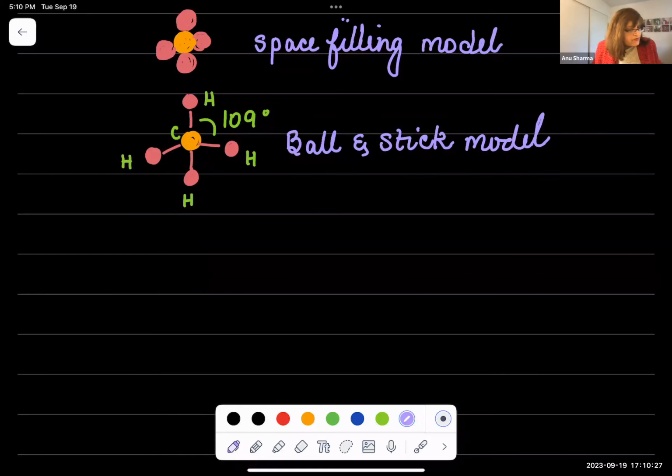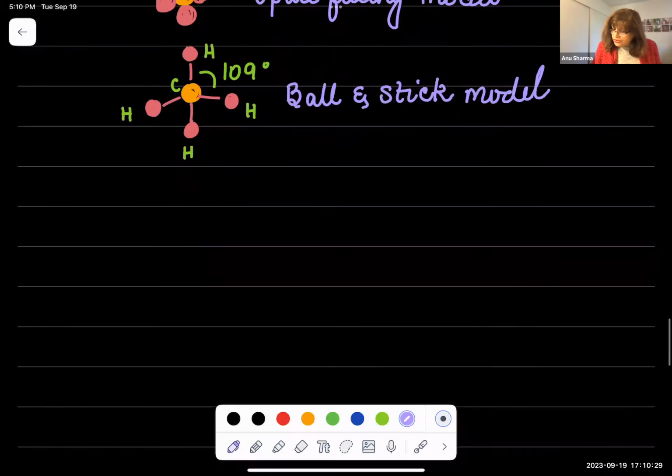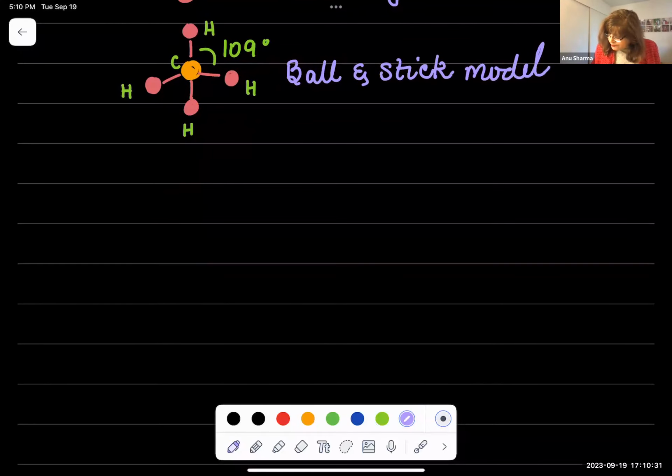Next, another way we can show it is the wedge shape. Here is again carbon in the middle, and we will see the hydrogens at an angle. This one is at the back, and this one is in the front, facing towards you.